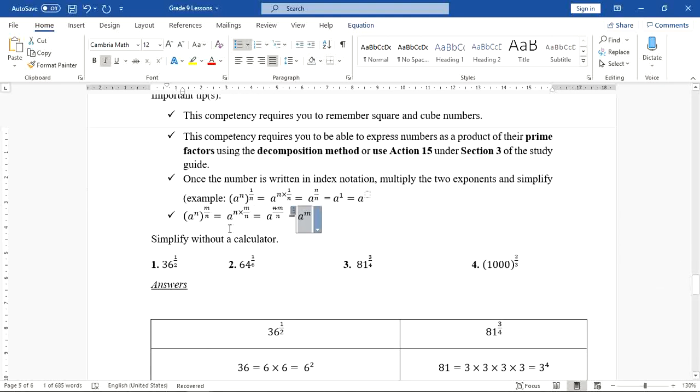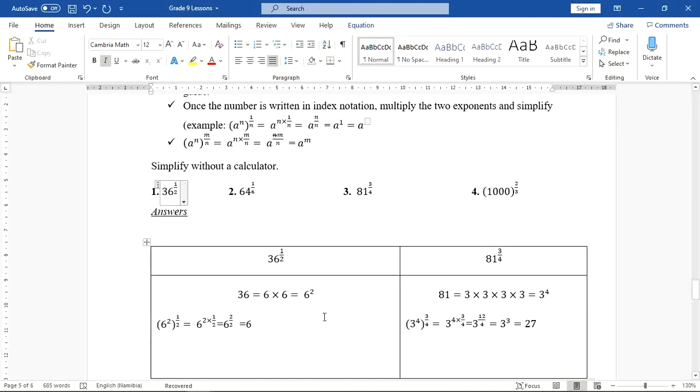Let's simplify this without a calculator. You're probably going to do this in paper 1, where you'll be expected not to use a calculator. So we have 36 raised to an exponent of 1 over 2. What do we know about 36? We know that 36 is a square number, and 36 is 6 times 6, which is 6 exponent 2. Instead of having 36 here, we can just replace it by 6 exponent 2.